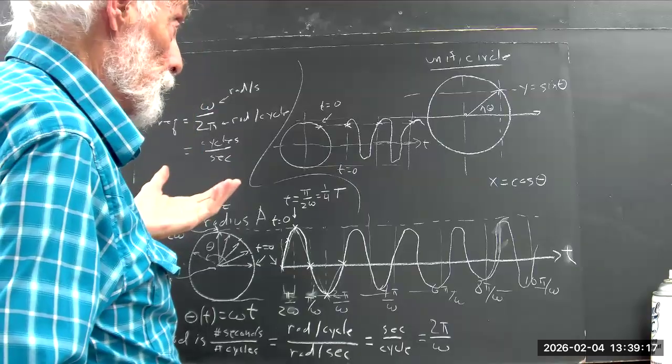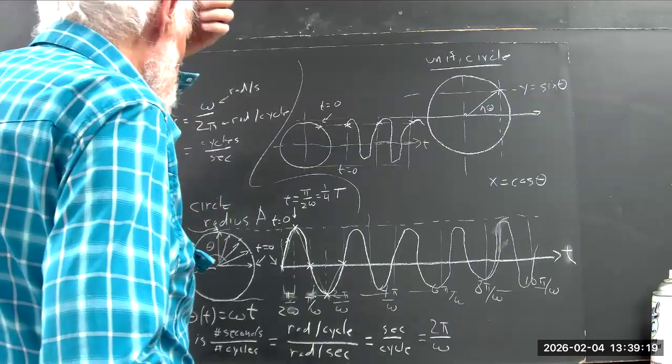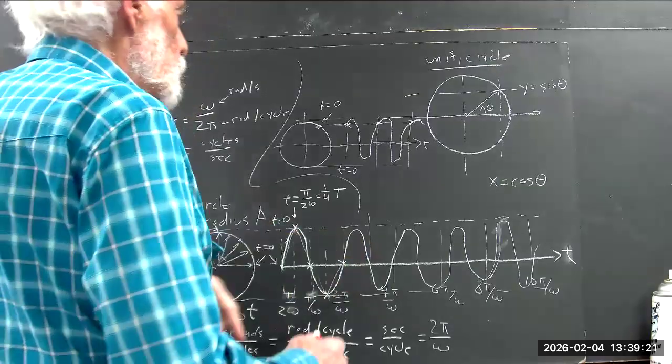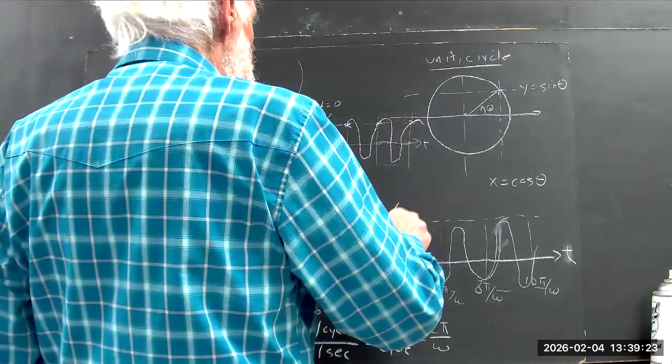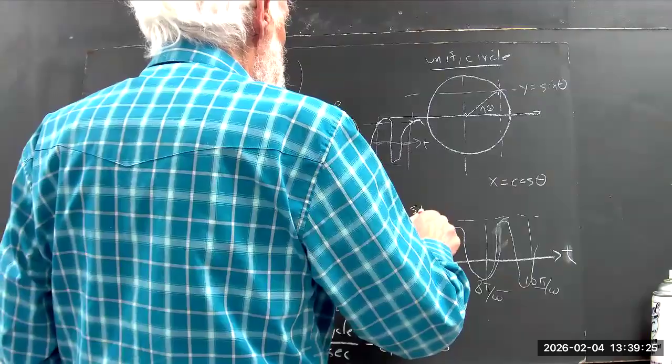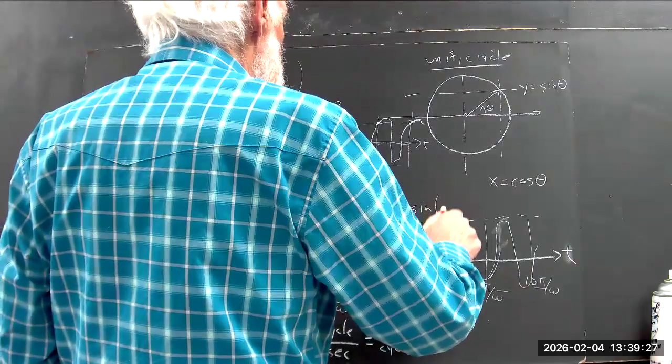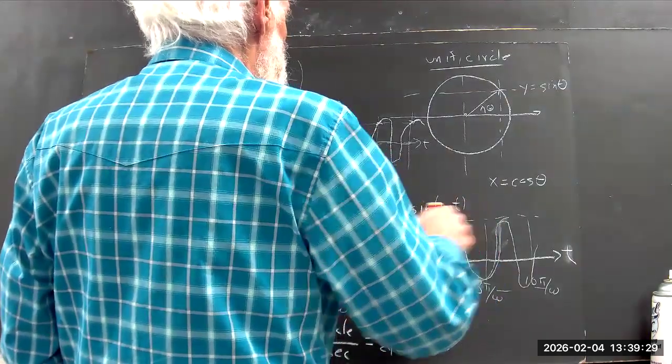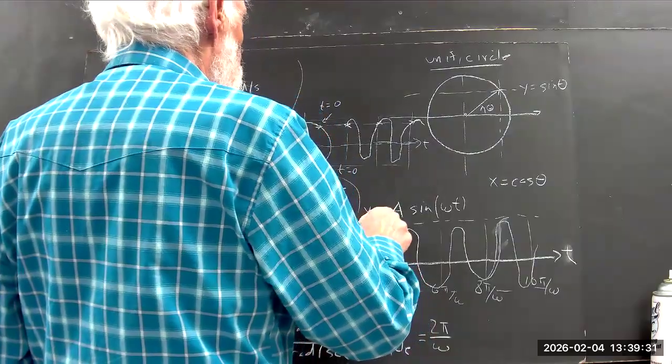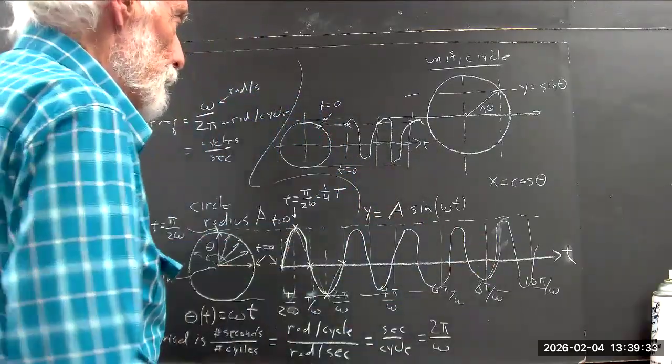If we start at t equals 0, the equation of this wave is, let's say, y equals a sine of omega t.